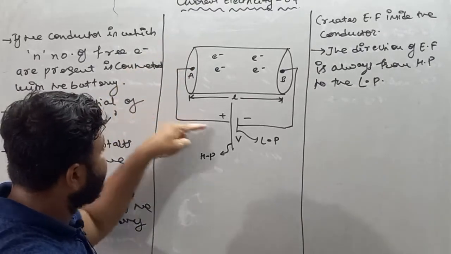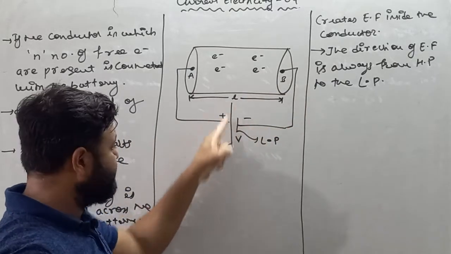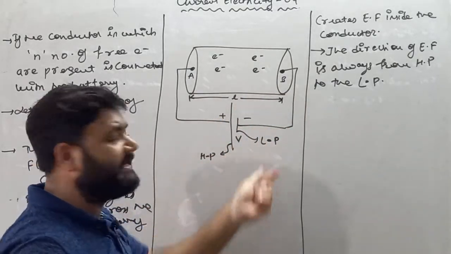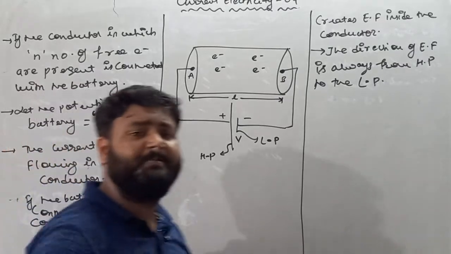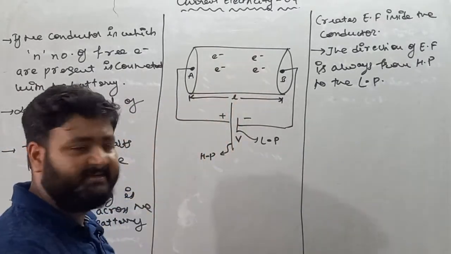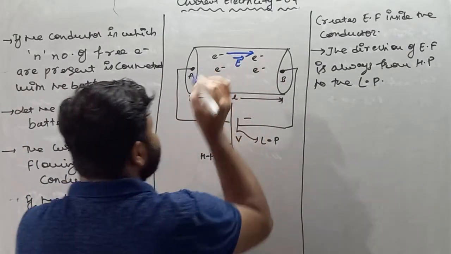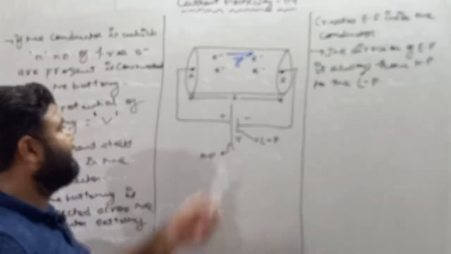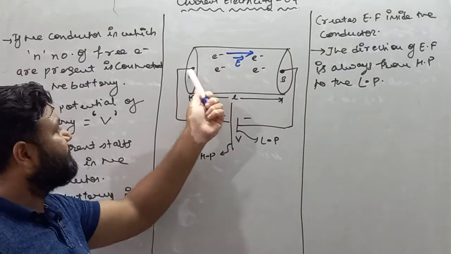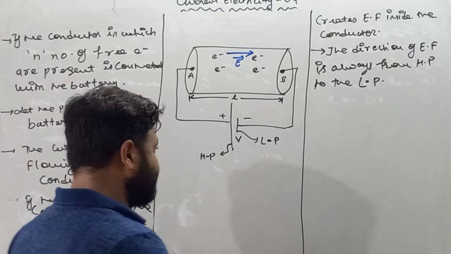See, A is connected with higher potential and B is connected with lower potential. So this battery creates an electric field inside this conductor from A to B, that is, from higher potential to lower potential. Now see what happened next.